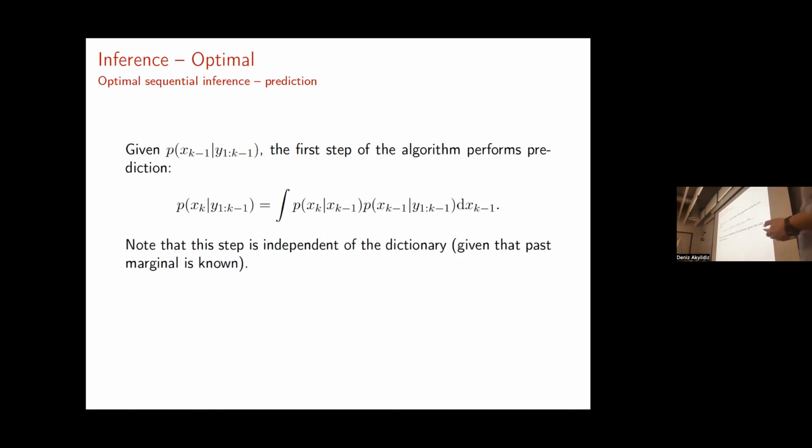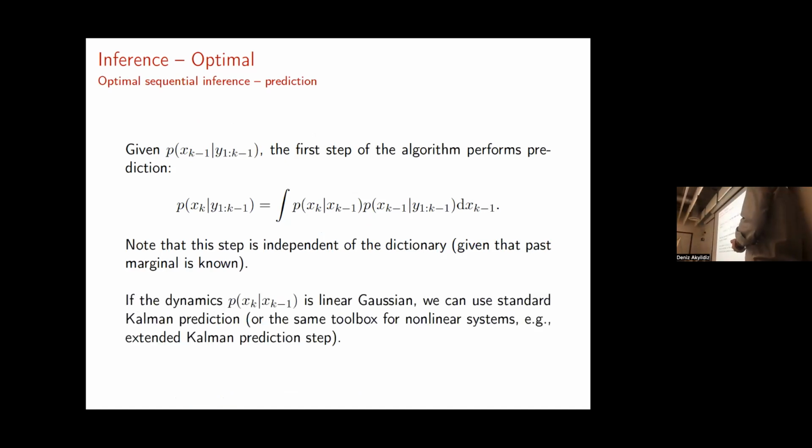This is not difficult. If this is linear Gaussian, then these are exact, like Kalman prediction rules. If this is nonlinear Gaussian, which in our case will be the case, then you can just use the extended Kalman prediction step. You can use other methods as well; I just tried extended Kalman, but it's general.